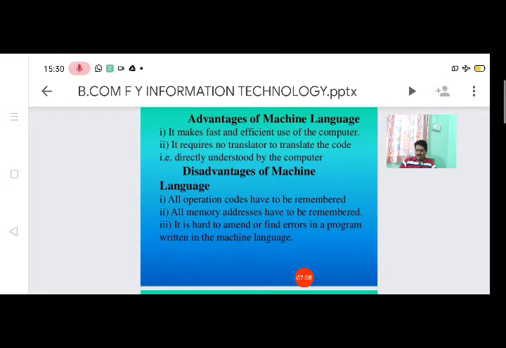Machine language is the lowest and most elementary level of programming language. It was the first type of programming language to be developed. Machine language is basically the only language that a computer can understand.